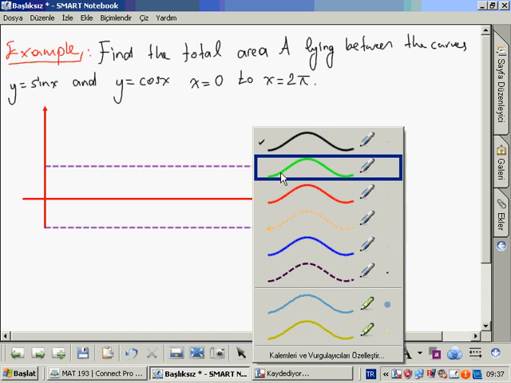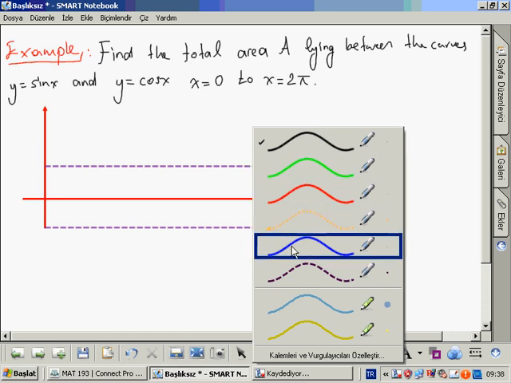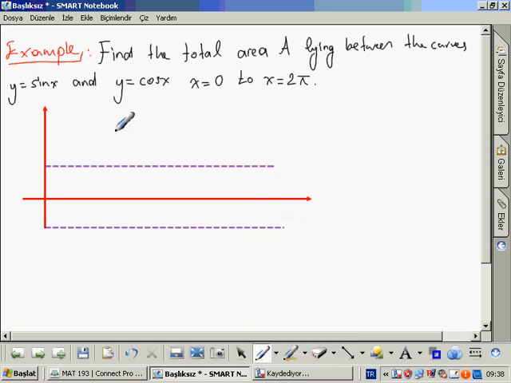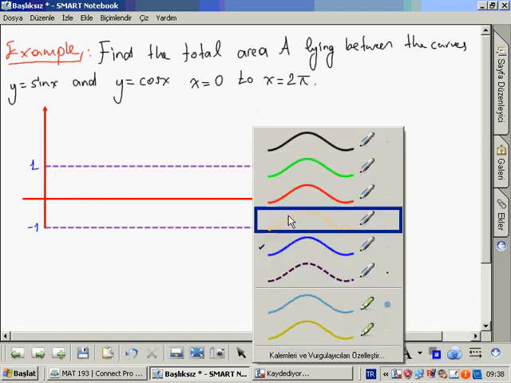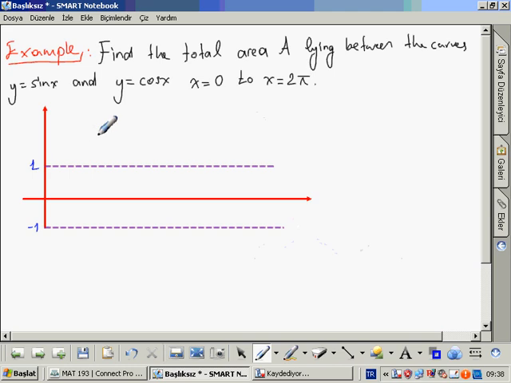I want to sketch sine and cosine directly and clearly, so I take these values, +1 and -1, and continue with the cosine curve, which will start here.